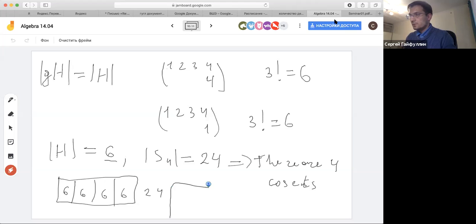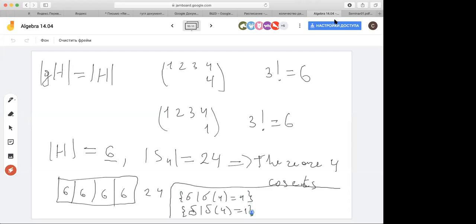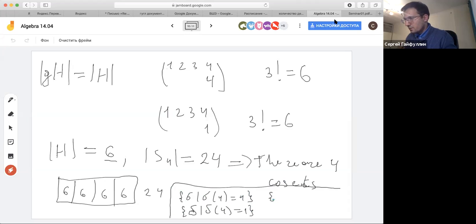The first is just sigma, which takes 4 to 4, and another one is delta, which takes 4 to 1. So the other 2 take 4 to 2 and 3.